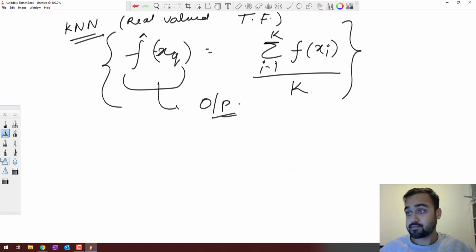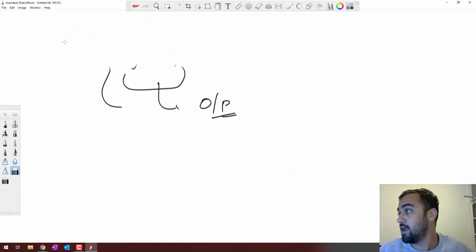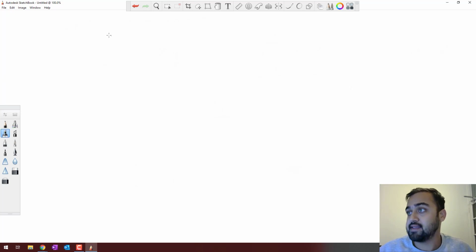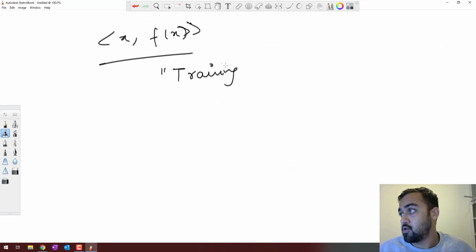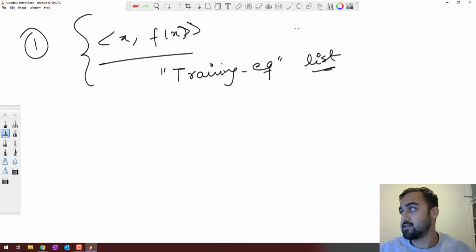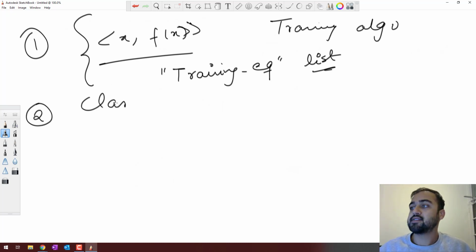So this algorithm has basically two parts. The first part is the training algorithm. The training algorithm basically lists all your x and labels into a training example list, right? This forms your first part, that is your training algo. The second is the classification algo.